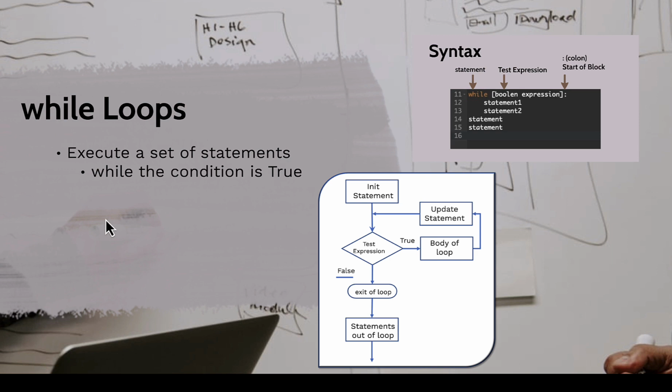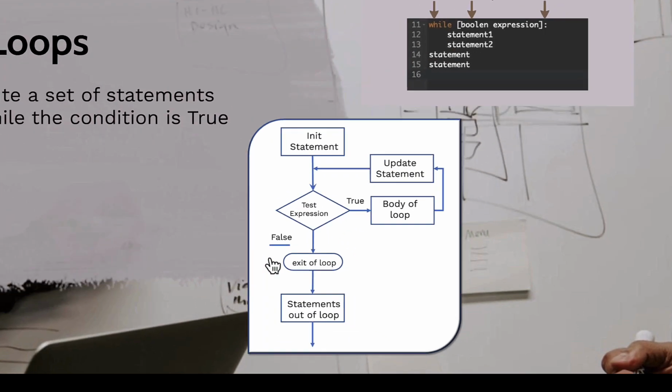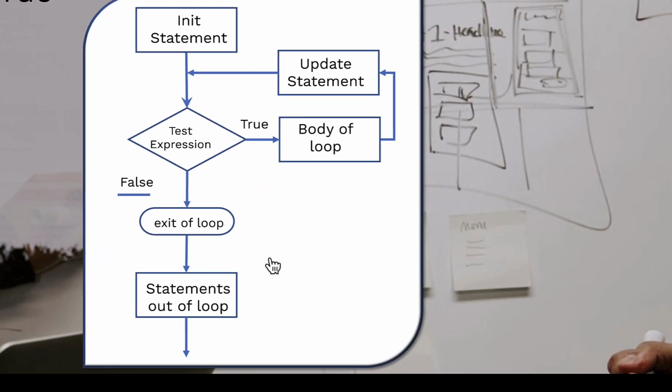So a while loop is also going to execute a set of statements while the condition is true. So slight little difference with this configuration compared to the for statement. Now depending on how your while loop is going to be structured, sometimes you're going to need some kind of initiation statement for this particular test expression. We'll also look at different scenarios where we don't need to have an actual initiation statement of a variable.